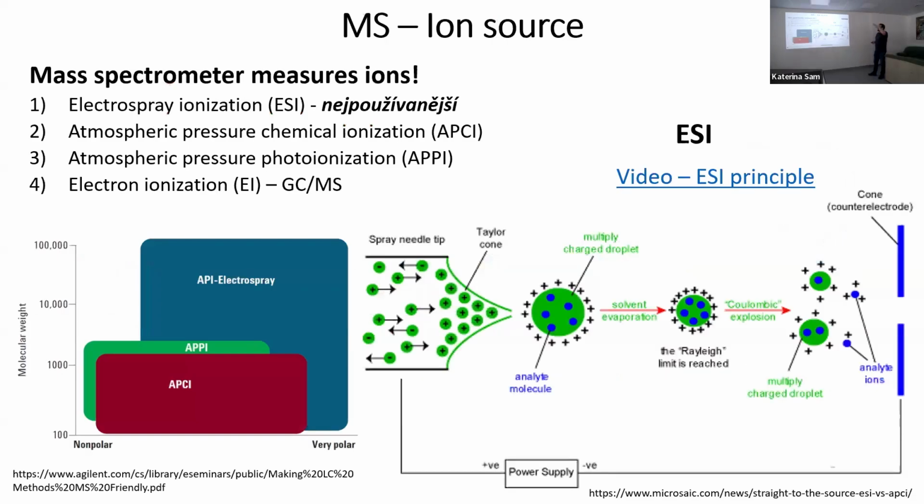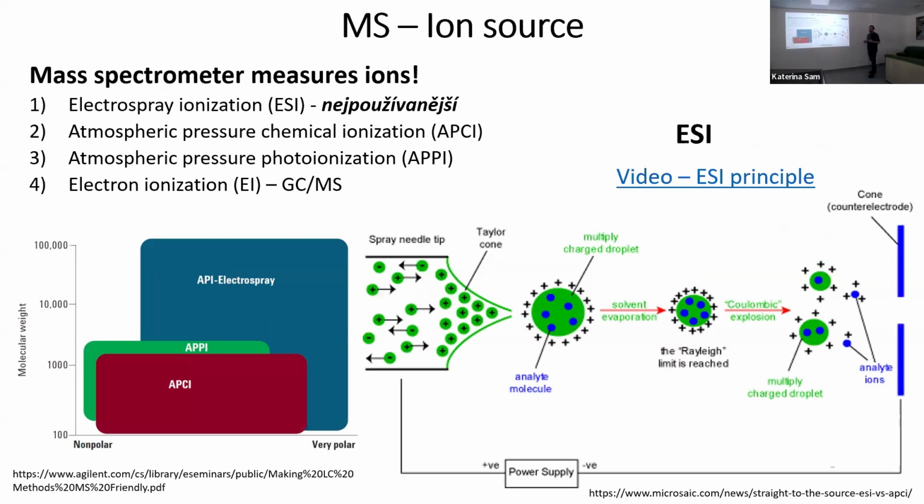Here we have a small piece of information about the ion source ionization, because mass spec needs the ions, because during the mass spec, ions have a very complicated way. And if you have ions, it's not a problem to curve the way of the ions.